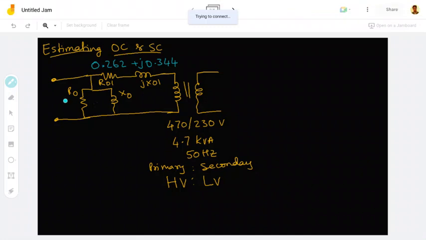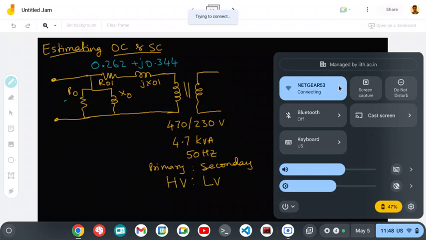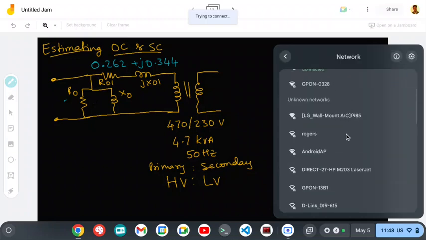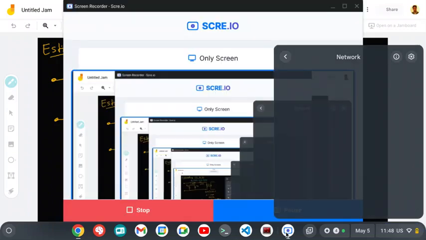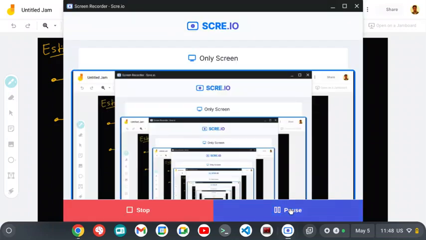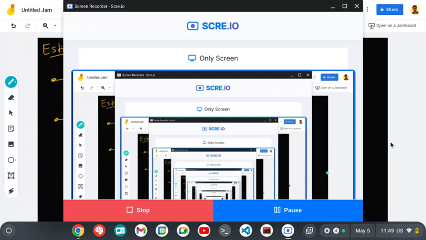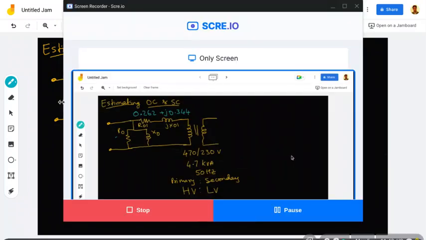I had a problem with the connectivity, okay, got reconnected.